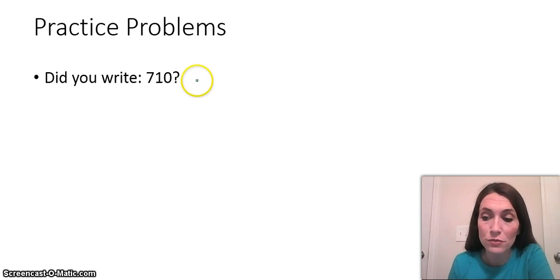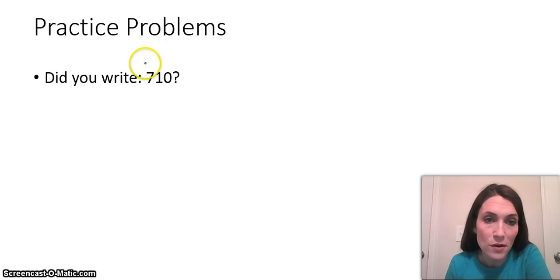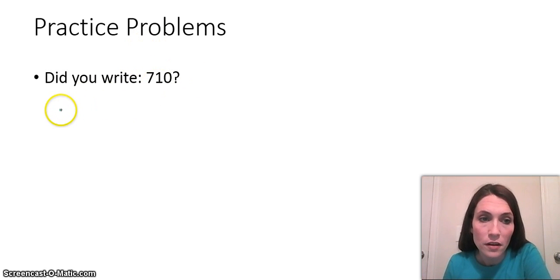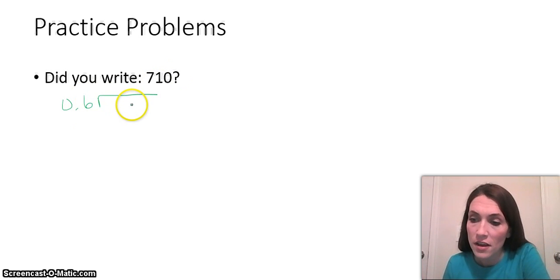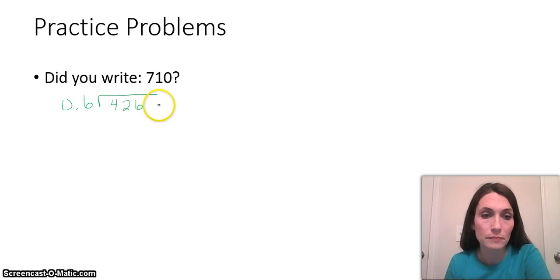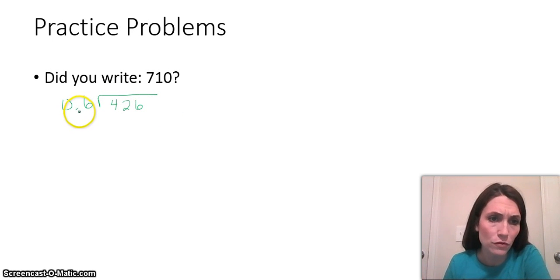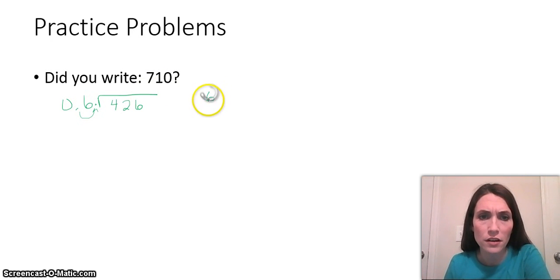Did you write 721? Well, let's work this out. Our original problem would have been written as 6/10 is our divisor and 426. I'm going to have to move this one place here. I'm just going to rewrite it over here to make our divisor 6.